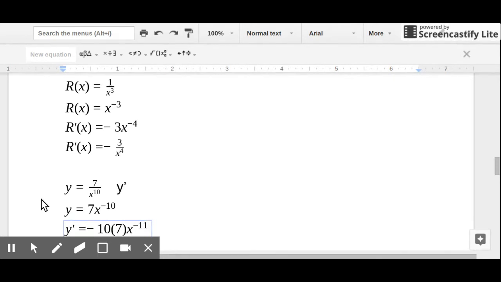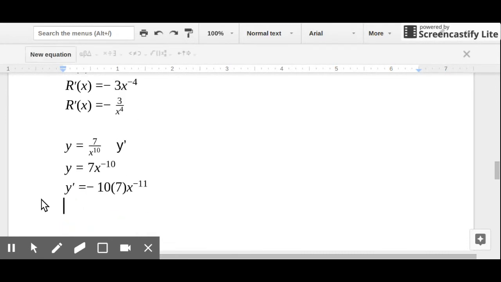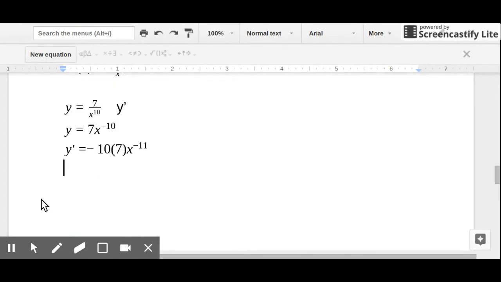Then we want to clean this up. So we have negative 10 times 7. That gives us negative 70, divided by x raised to the 11th power.